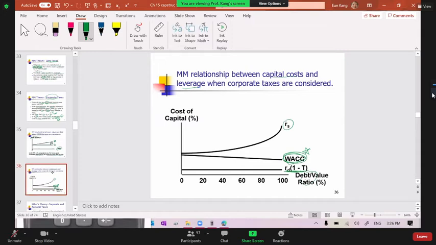Of course, RS and RD are related, but WACC is combining RS and RD. So when WACC is lowest, the value of company is the highest. So there's one-to-one correspondence. That is very important.